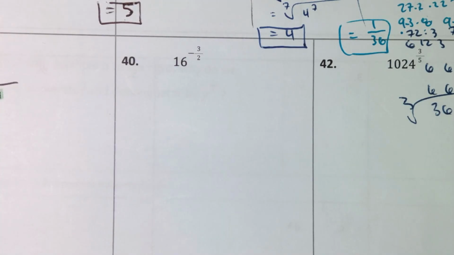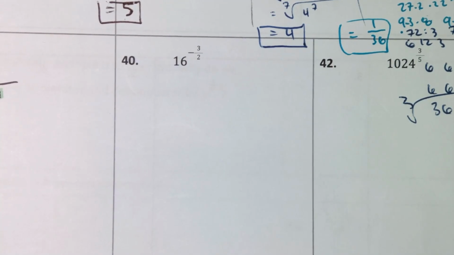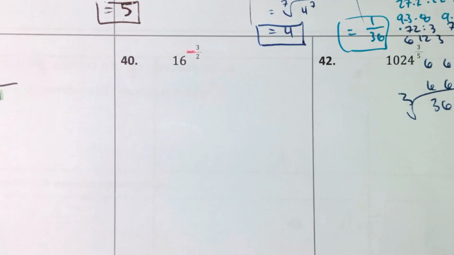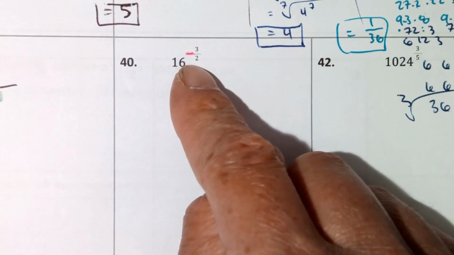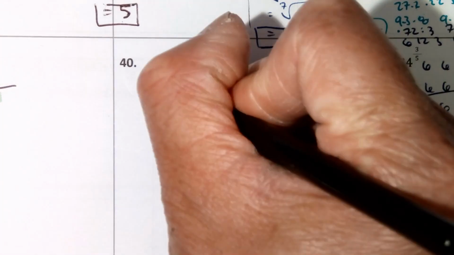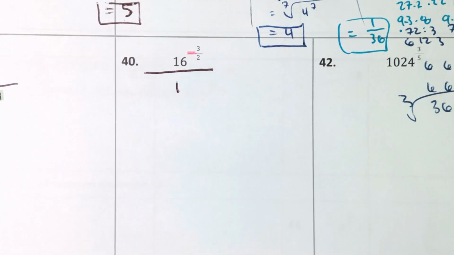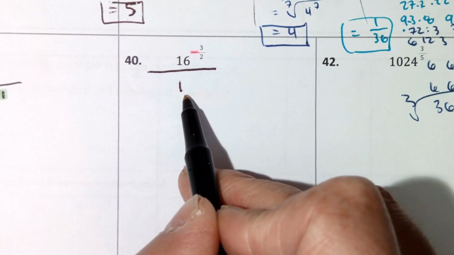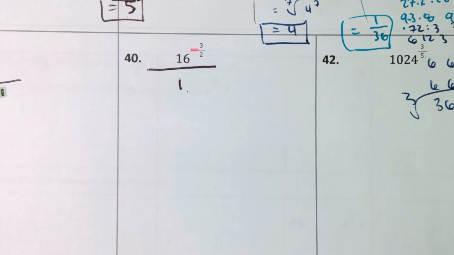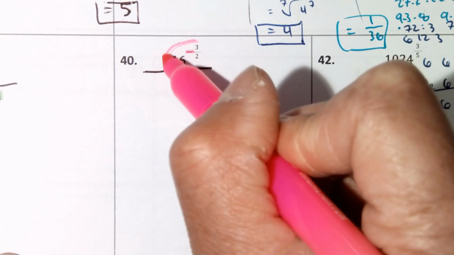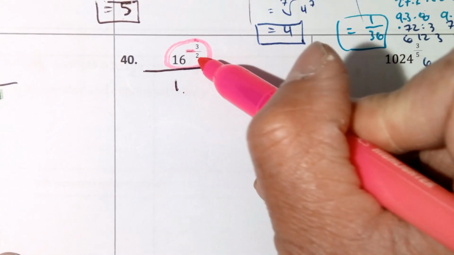Alright, number 40. I recognize right away that there is a negative sign. Only when there's a negative do you need to make it over 1. We're basically trying to simplify this without the negative. So you put it over 1, you make anything a fraction. That negative sign tells us to now move this whole thing downstairs.